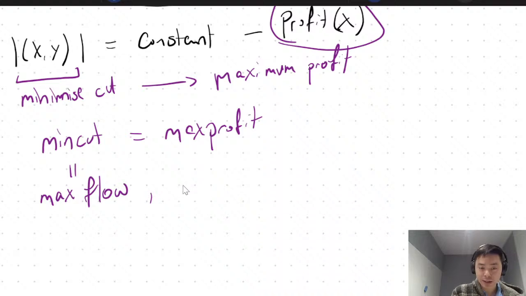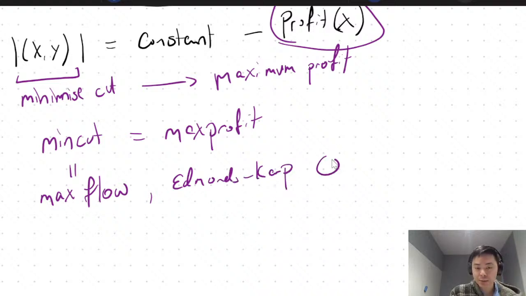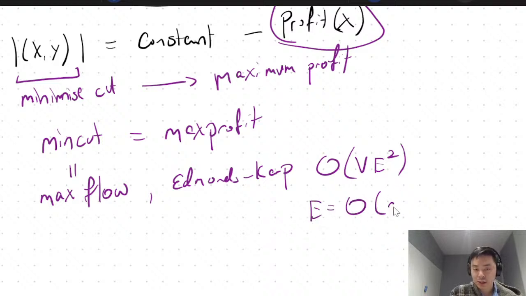So you can run something like Edmonds-Karp, and Edmonds-Karp will compute this in O of V E squared. And here, again, E can be as large as n squared. So E is O of n squared. So now you have an O of n to the 5 algorithm.